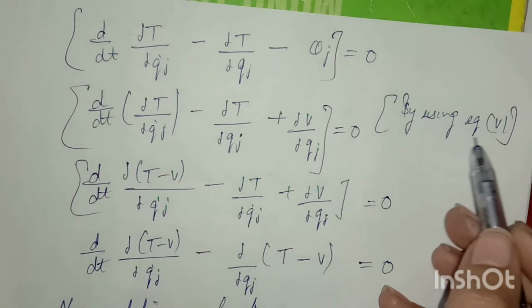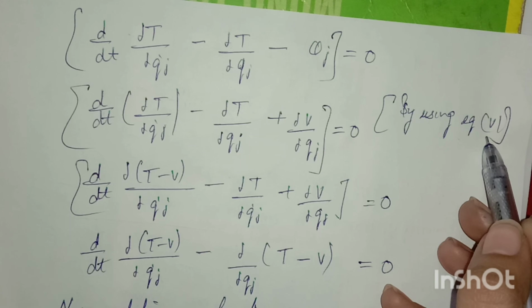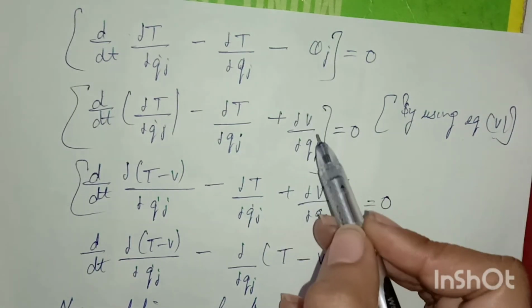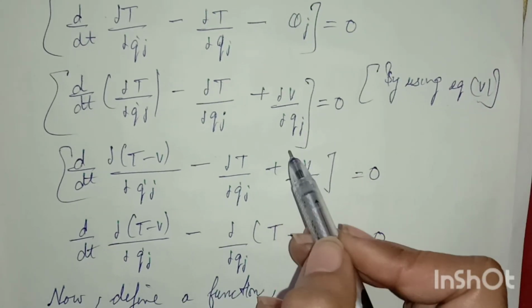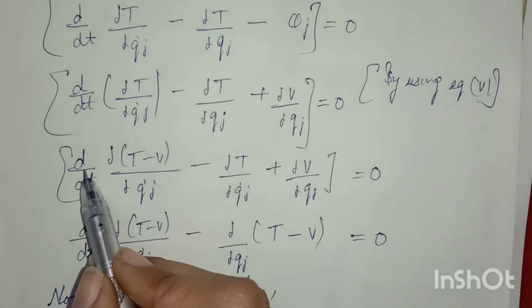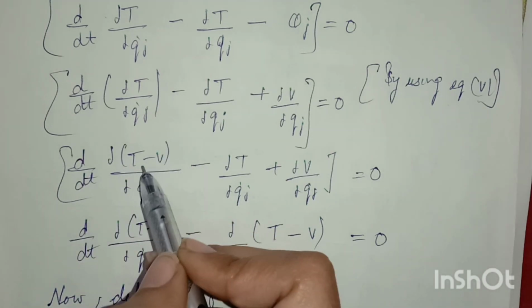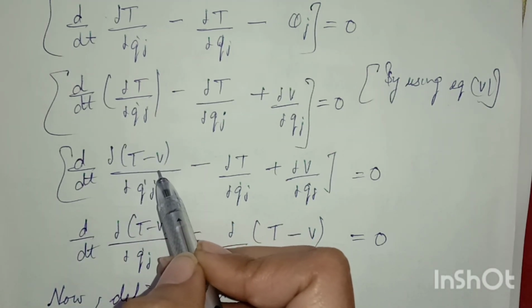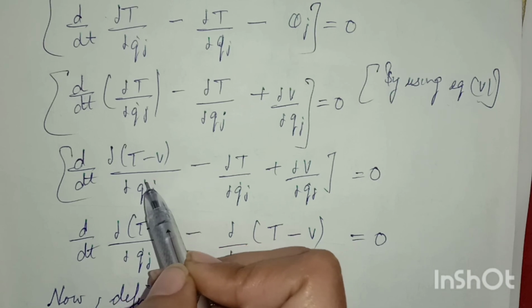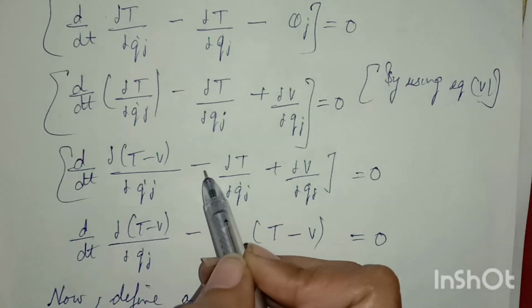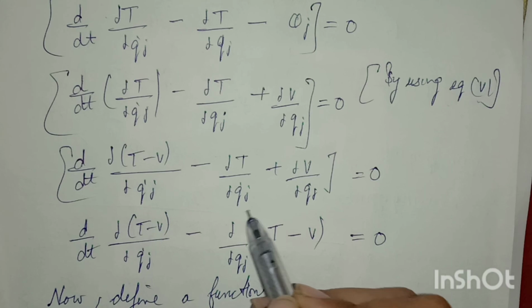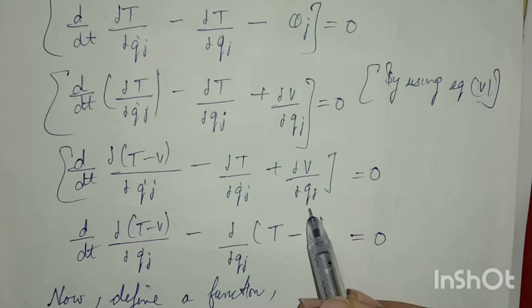Now by using equation 5 again, which says Q_j is equal to minus ∂V/∂q_j, we can write d/dt of ∂(T minus V), which is our position function, upon ∂q̇_j, minus ∂T/∂q_j plus ∂V/∂q_j.